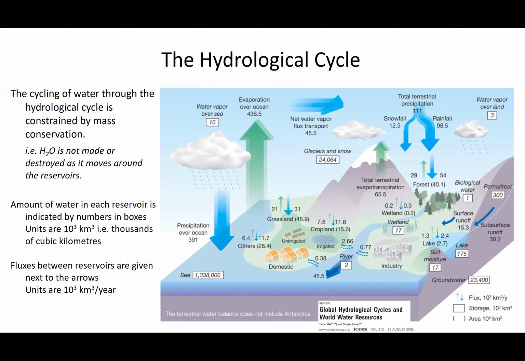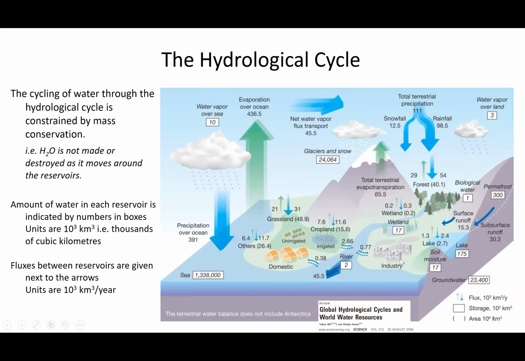The cycling of water through the hydrological cycle is constrained by mass conservation. Water is conserved across the whole cycle, and so we're neither creating nor destroying water, we're just moving it around. So if we move some water from a reservoir, it has to go somewhere else in the system.